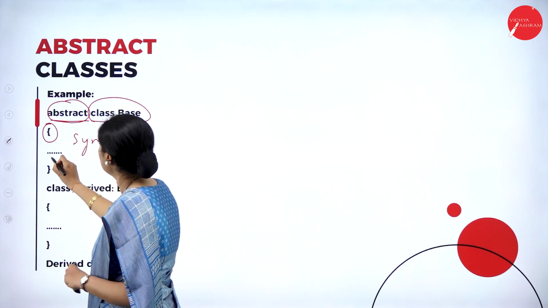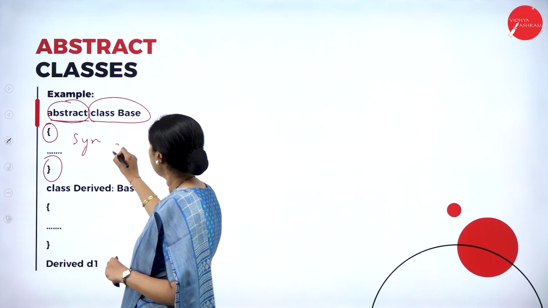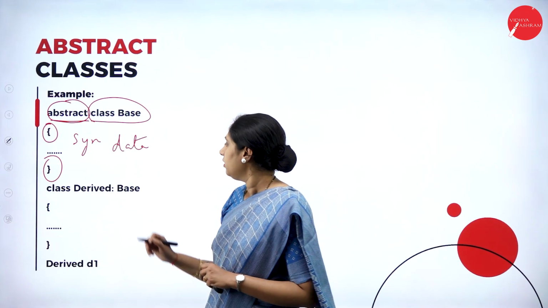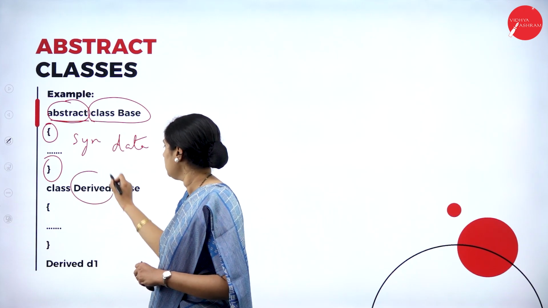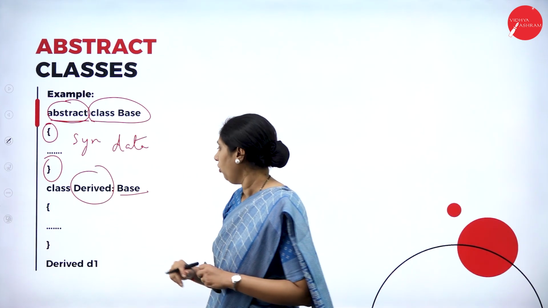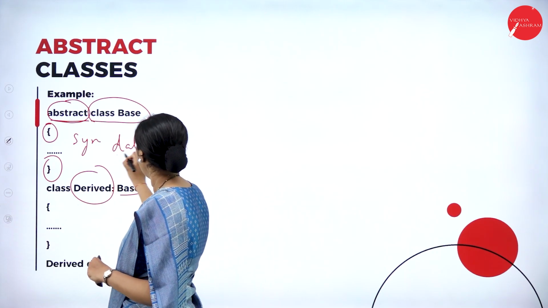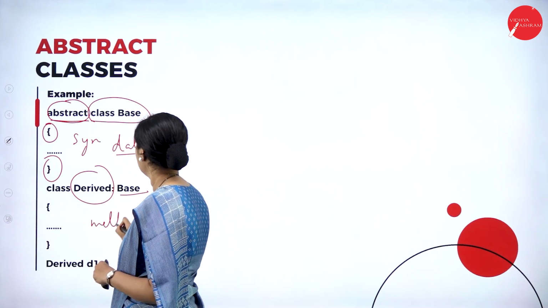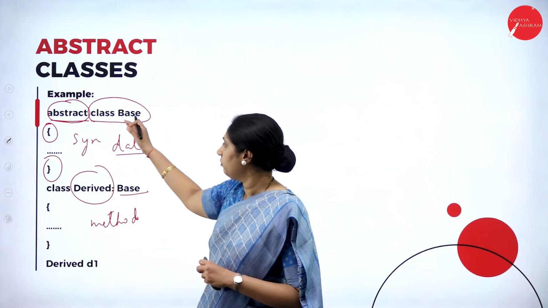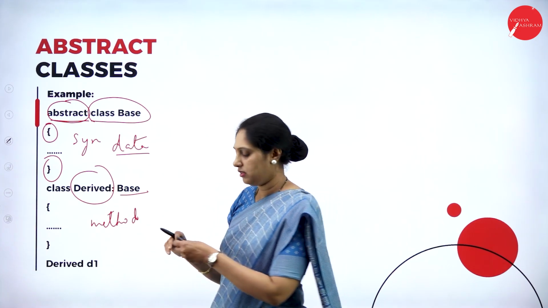We'll write within this braces and this will be the data, then method. Then this is the derived class. It is inherited with the base. So you can write similarly data and method, but you can create an object and access the members of abstract class.